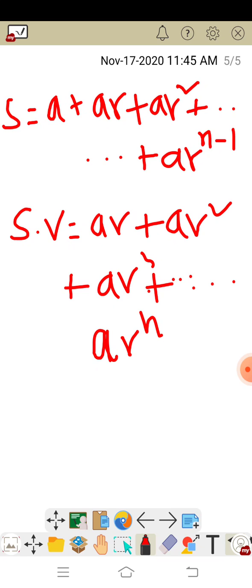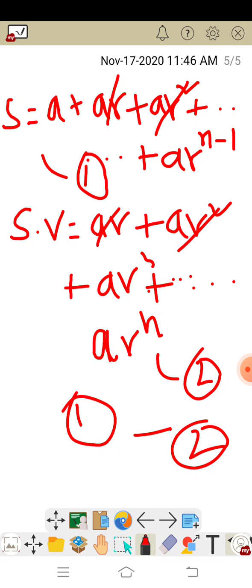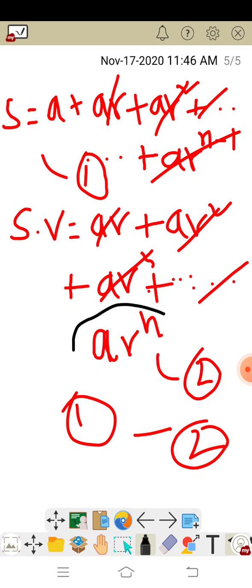Now very simple, this is equation number 1, this is equation number 2. Subtract equation 1 minus equation 2. What happened? Now AR is cancelled, AR square is cancelled, similarly AR cube is cancelled, and AR to the power of n minus 1 cancels. The leftover things are A and A into R to the power of n.